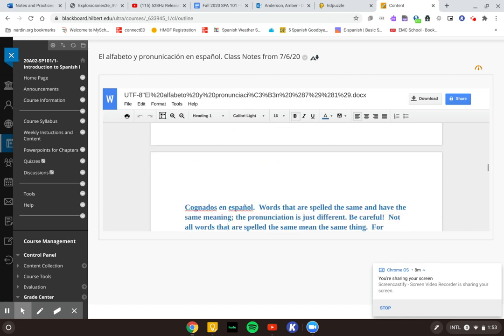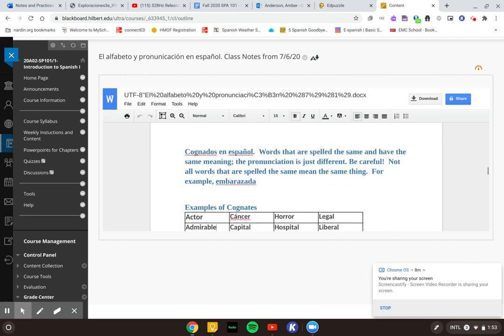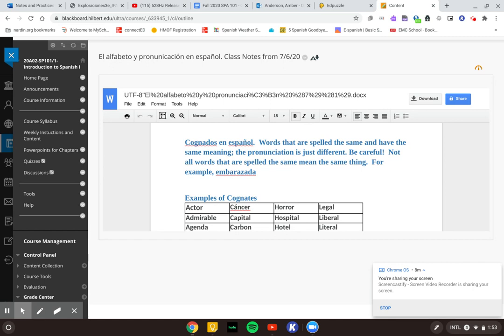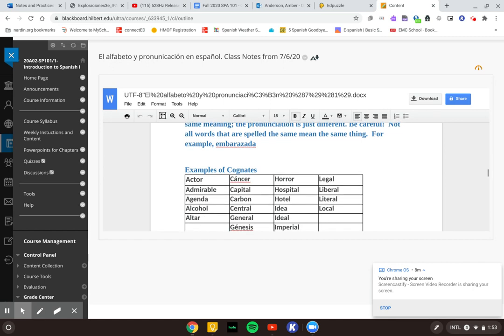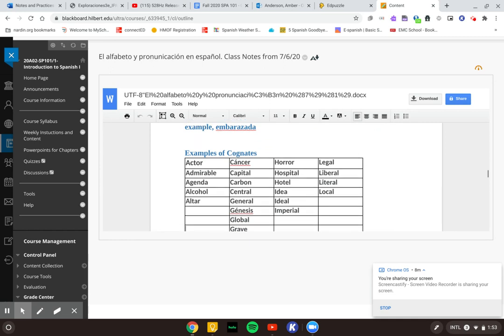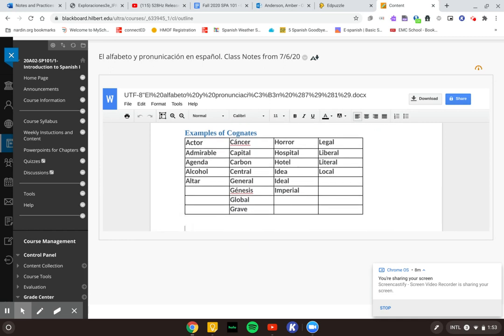Okay, so what we also looked at today were the cognados. We asked questions about cómo se escribe and cómo se pronuncia. Careful with these words because they look so familiar in English, but they're pronounced very differently. So for the first one, we had cómo se escribe actor y cómo se pronuncia.